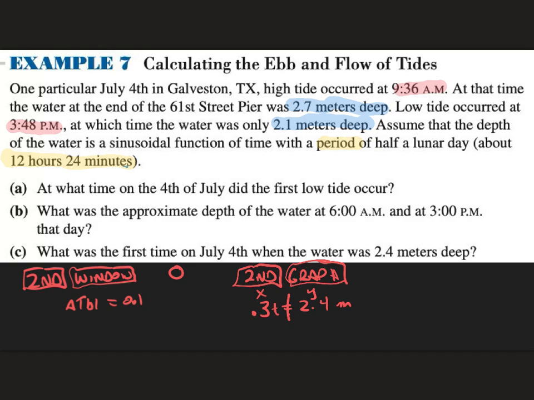We'll put T for time. So now, what is 0.3? We're going to do 0.3 times 60 will give us 18. So that's 18 minutes. So the first time the water was 2.4 meters deep was 12:18 a.m.